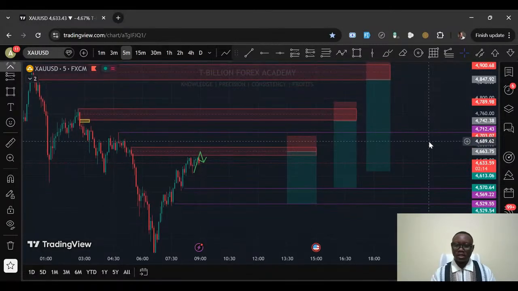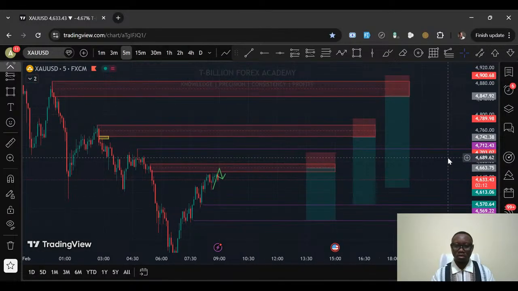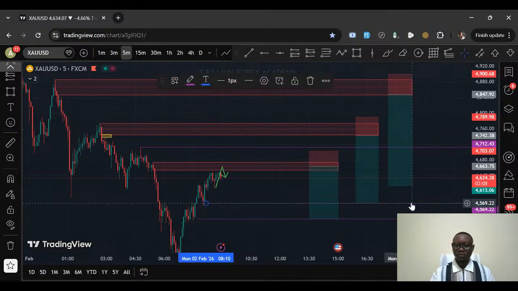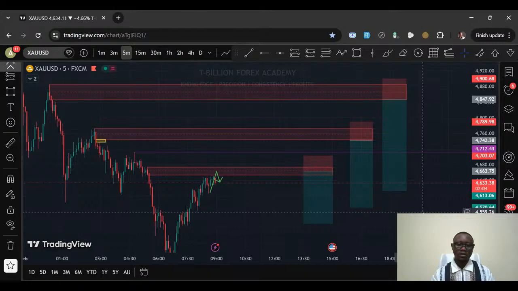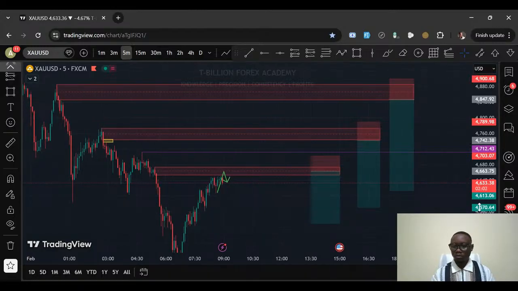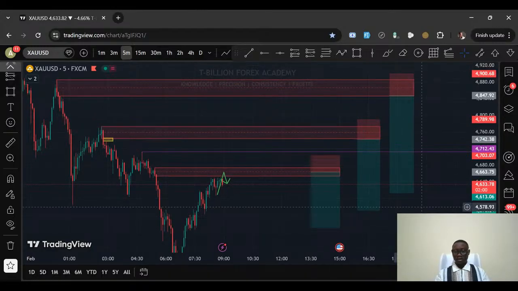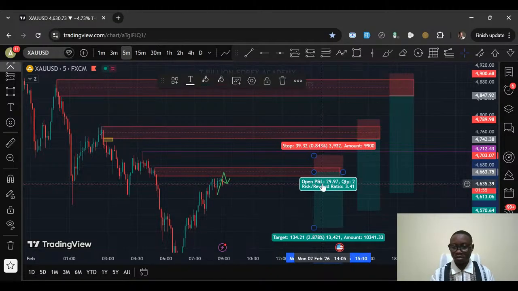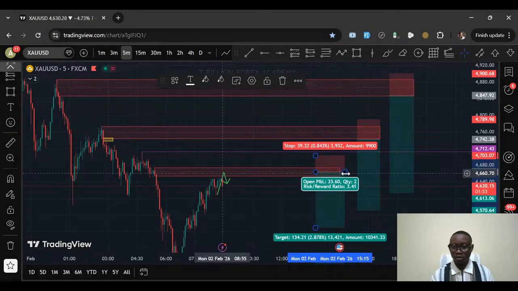So this is what I'm looking at for gold for today. This is my XAUUSD 5-minute market outlook for gold.